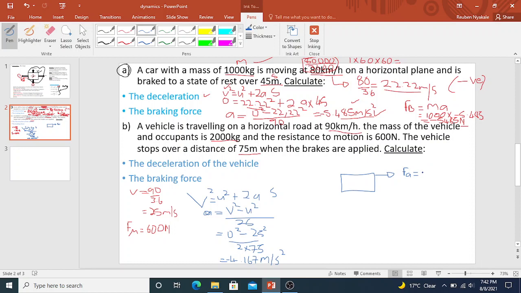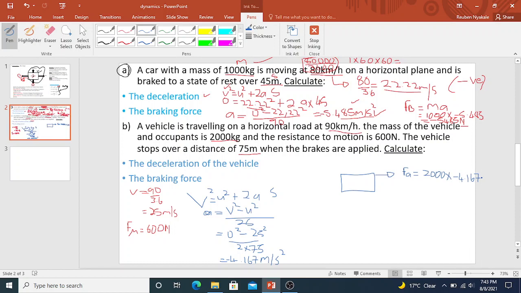Now the force applied here would be 2000 multiplied by negative 4.167.